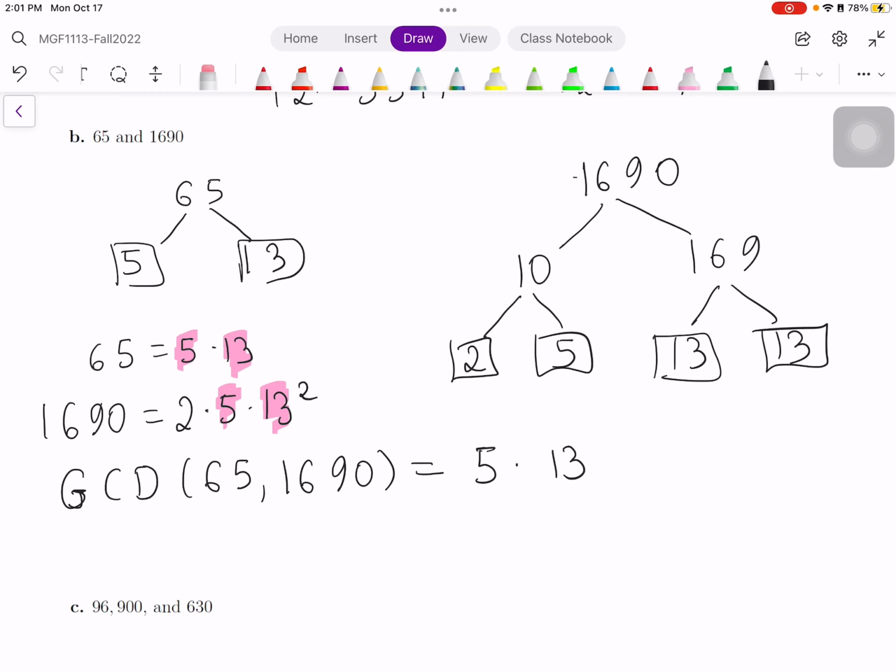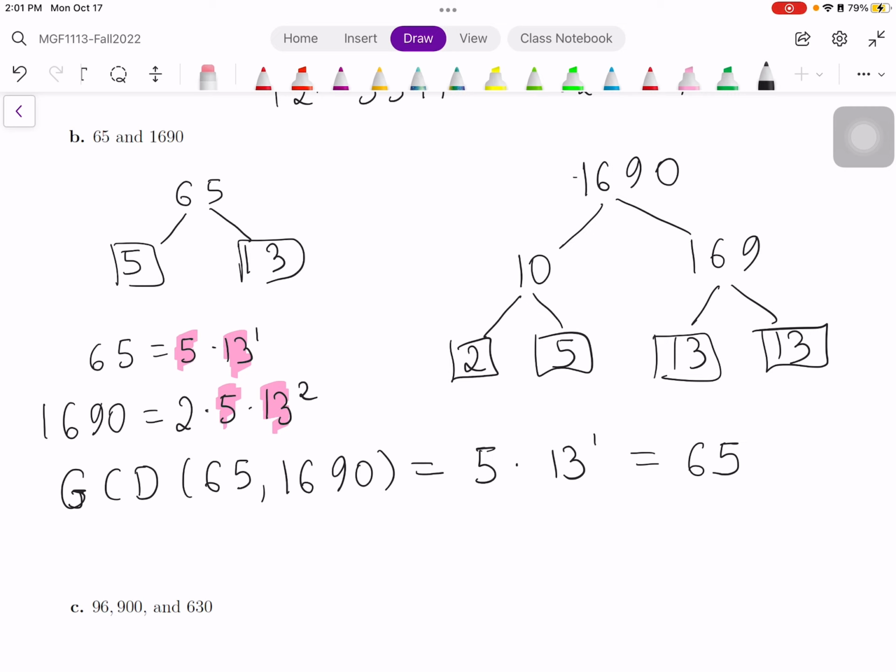But 13 appears with two different powers. Here power 1, and in the other one power 2. So I go with the smaller power, meaning power 1. So that's basically 5 times 13, or 65. So the greatest common divisor of 65 and 1690 is actually 65 itself.